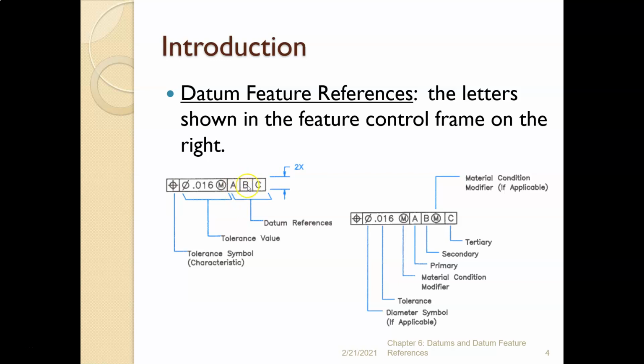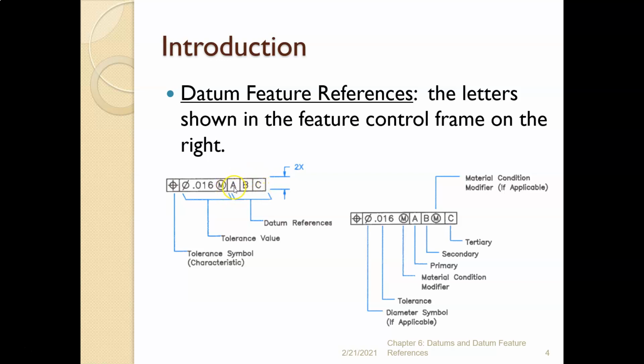The second datum after the primary datum is called the secondary datum, and then the third datum is called the tertiary datum. So these are always in order: primary, secondary, tertiary. It has nothing to do with the letters in the alphabet.